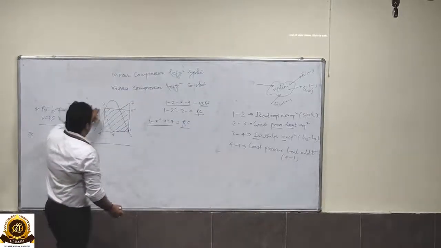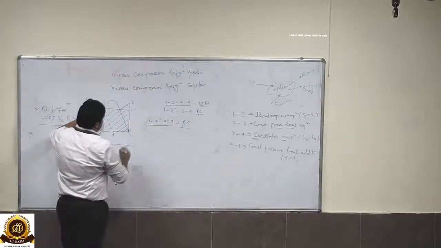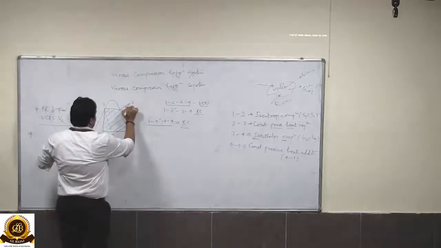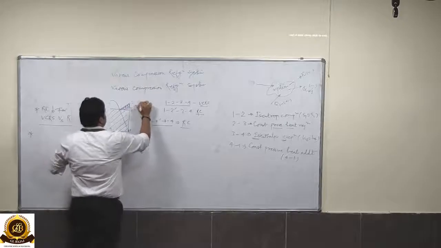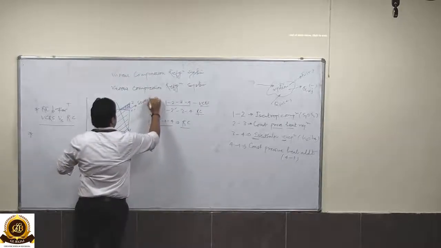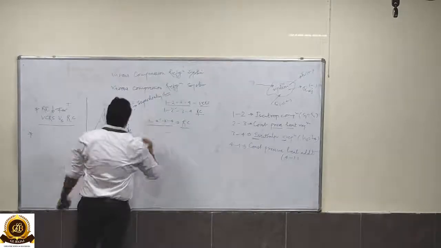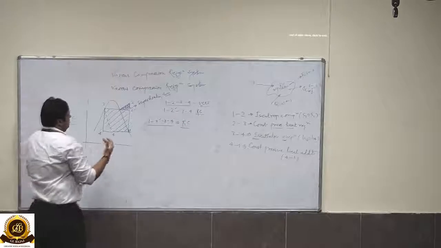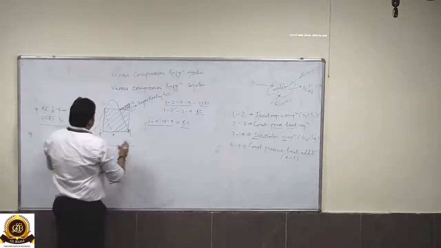While for the vapor compression refrigeration cycle, this extra area is also being added, and it is known as superheating horn. Area under the curve always gives the work input to the system.